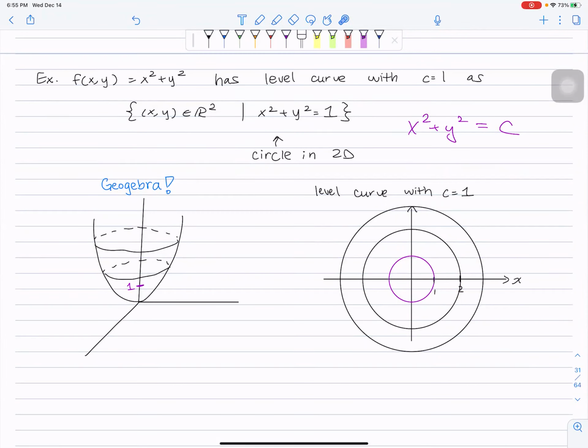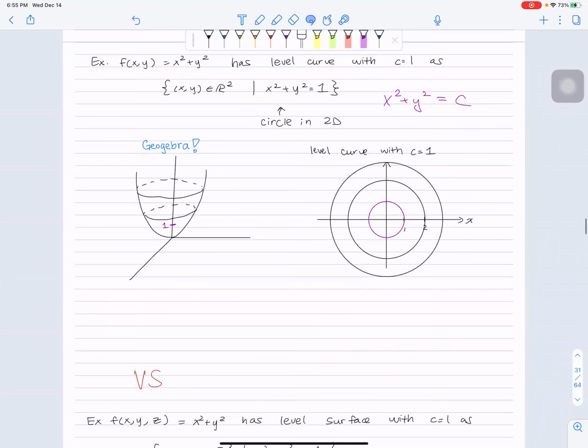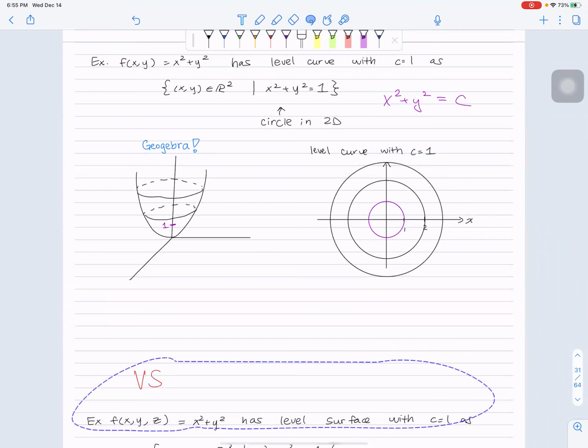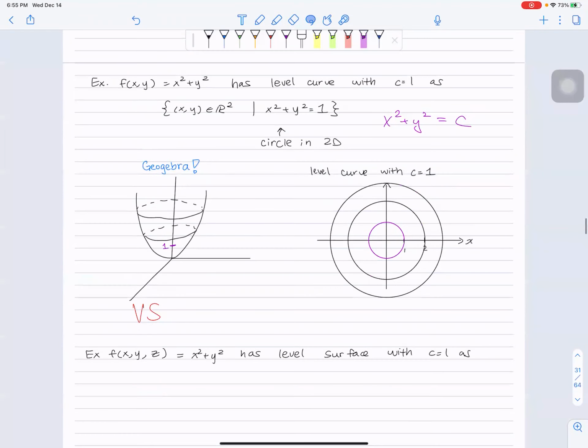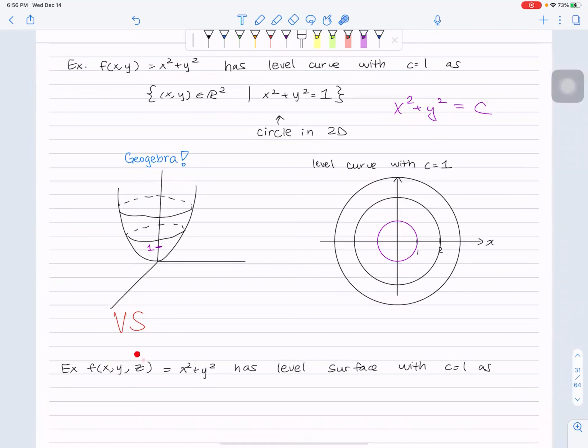But say we had the same function, but they tell us we have 3 inputs, x, y, and z. Now that means we're in 3D. We can't really graph it because the picture is going to be in 4D. So your graph or your picture is always 1 dimension above however many inputs you have.